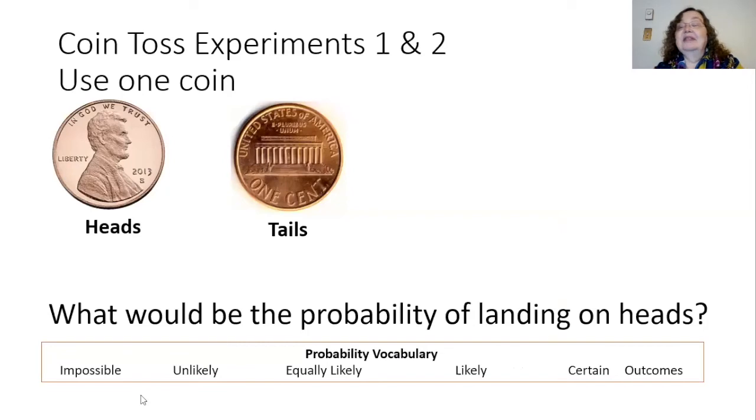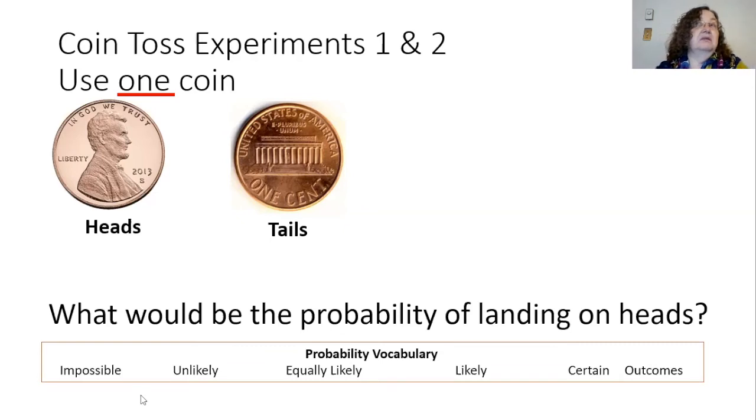So here is an experiment I want you to try. If you look on your worksheet, the first one is the coin toss experiments. And you're only using one coin for the first two experiments. But I have it here because I want you to see that the coin has two possible choices. One is a head and one is a tail.